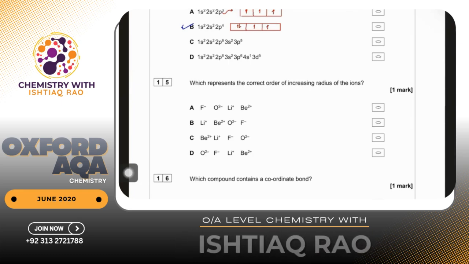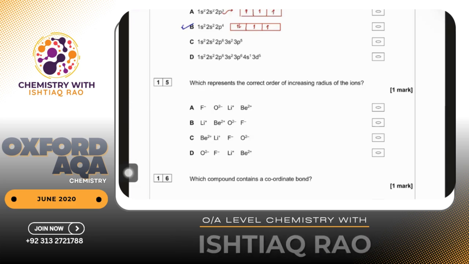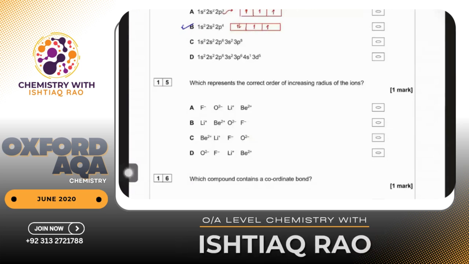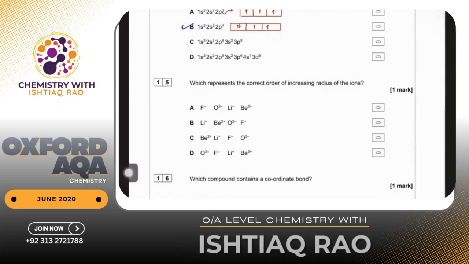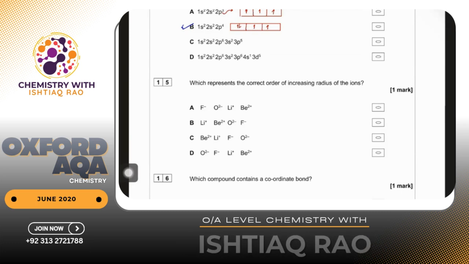Correct order of increasing radius of the ions. As you go from the left to the right, protons increase, attraction increases, and radius decreases.